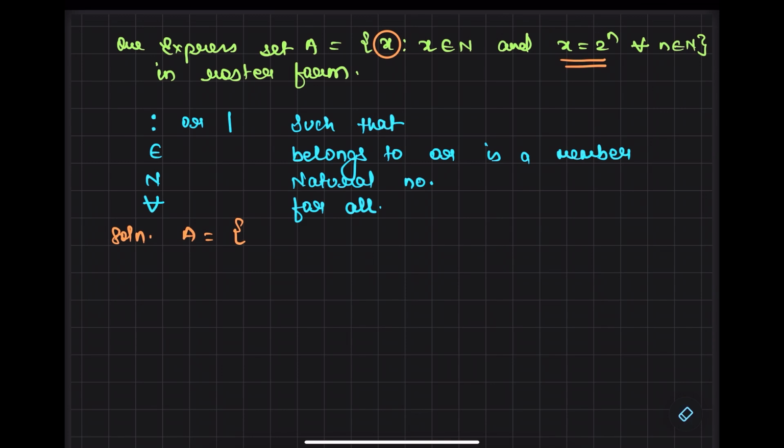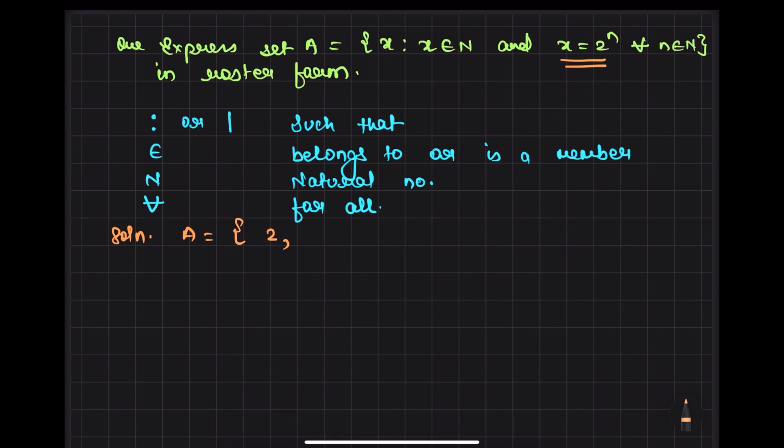So if I am writing x, then I am saying that x is an element. If I write x plus 2, this means this is the element. Okay. So first find out x and then substitute here to get the element. Now first value of n is what? 1. So 2 power 1 is 2. So this is your first element.